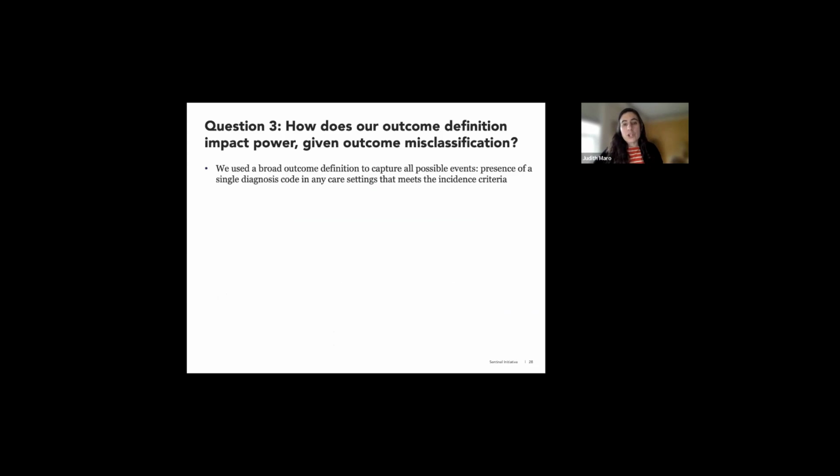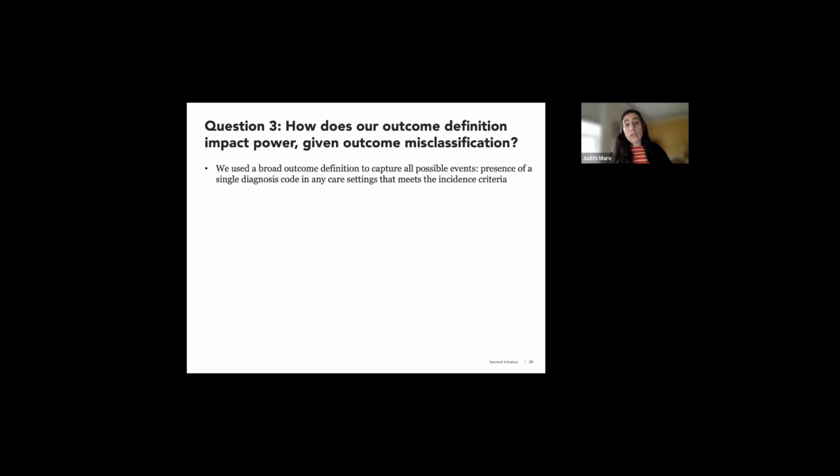And so finally, we took a look at the influence of outcome misclassification on power. This was really important because when we're doing a scanning scenario, we are going to be scanning all the outcomes in the same way all the time.